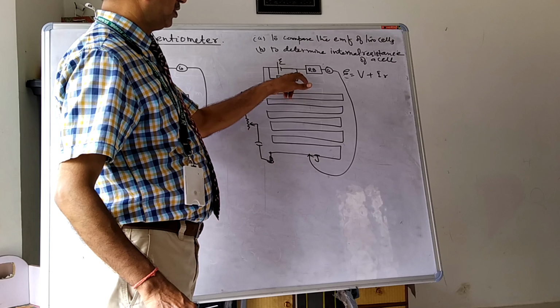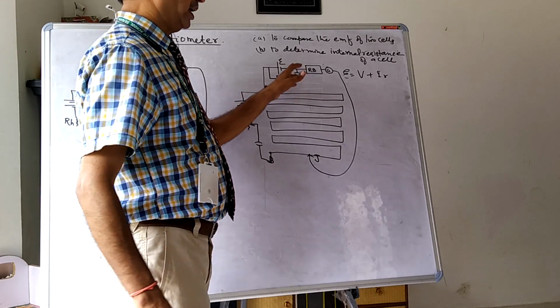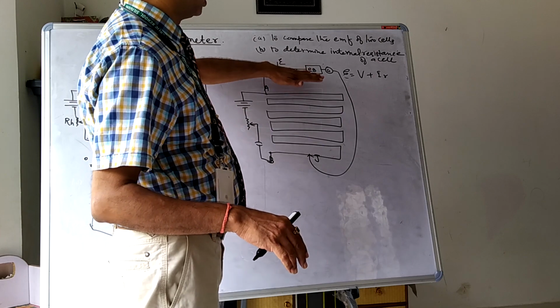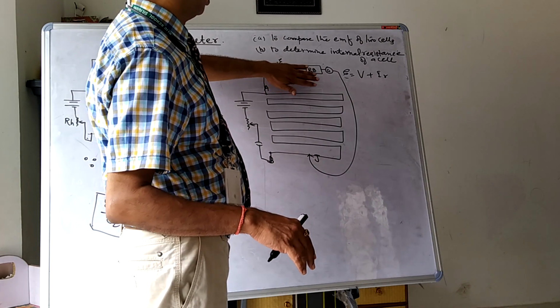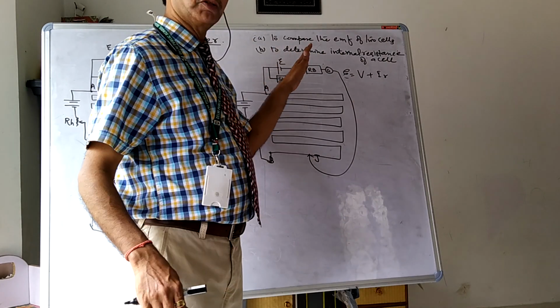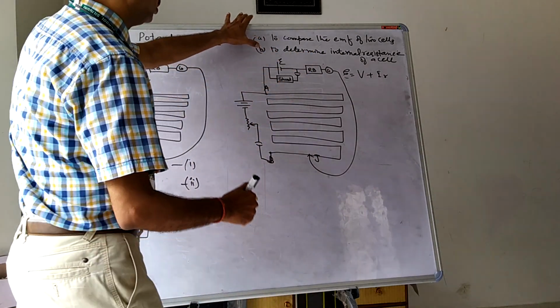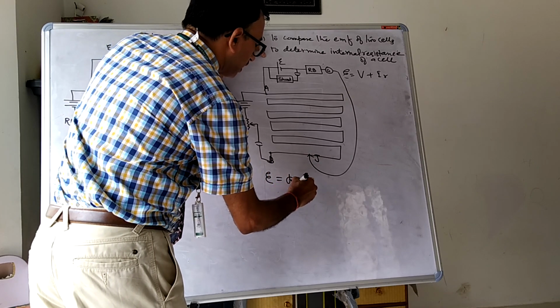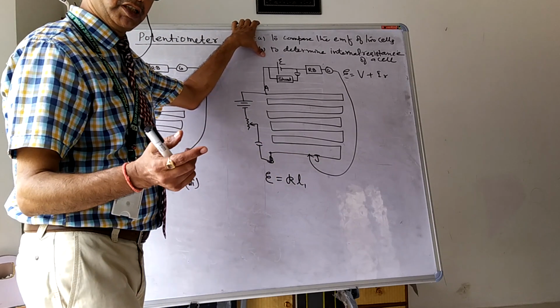Now, in this case, when the key is open, let the balance point be L1. So when we are not using this shunt, the shunt is basically an alternate path to allow the current to pass through it. Then in that case, E equals KL1, where K is the potential gradient.